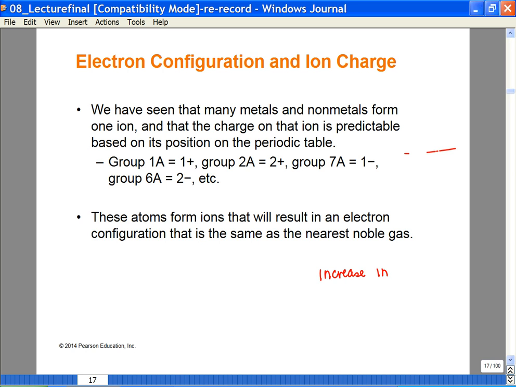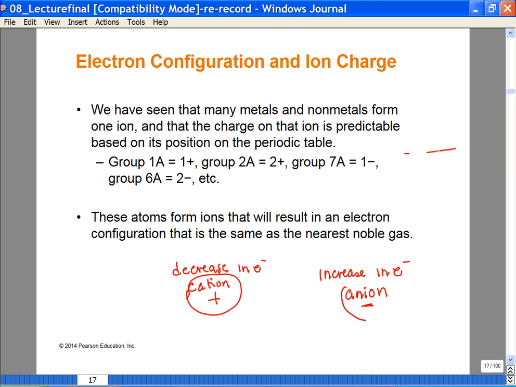And when we decrease the number of electrons, we form a cation because we are removing negative charge. So we form a positively charged ion which is a cation. And over here, we're adding a negative charge. So we end up with an anion, which is more negatively charged.